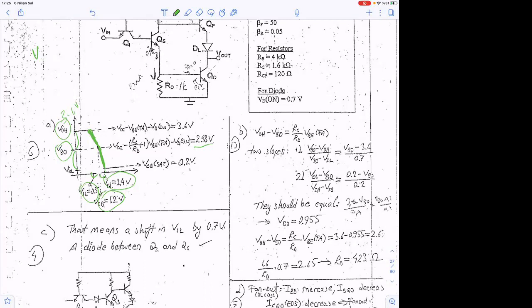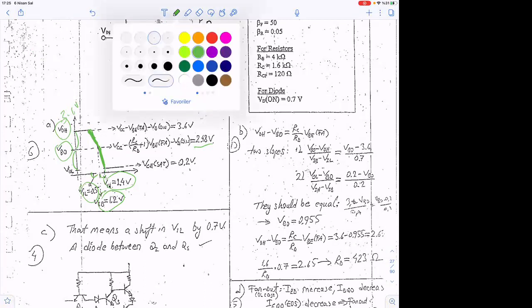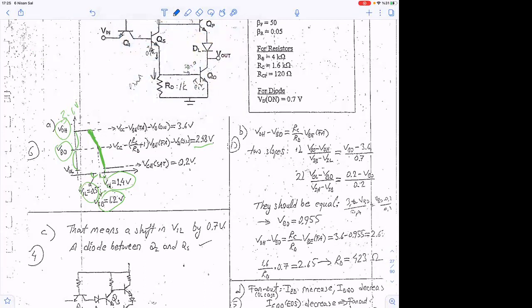Maybe I should change my color here. This is not very good. So I'm quickly showing you how to go through these questions. So (VOH - VOB) divided by (1.2 volts minus 0.5 volts) should be equal to (VOB - 0.2 volts) divided by (1.4 volt minus 1.2 volt).